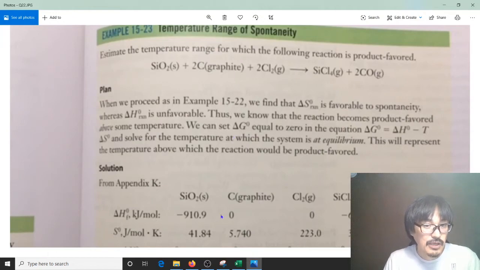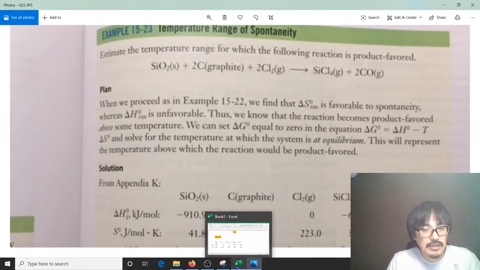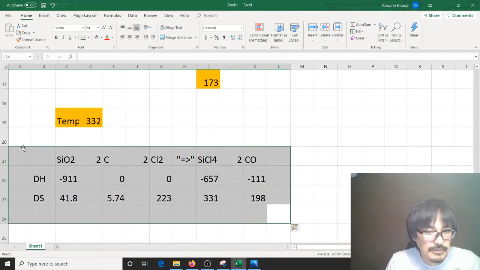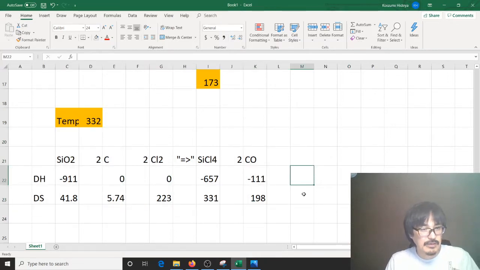So we're going to use those two numbers from the table. You get all of this information from the table, just like the last problem. I already copied down the information like so, but you can do it by yourself.